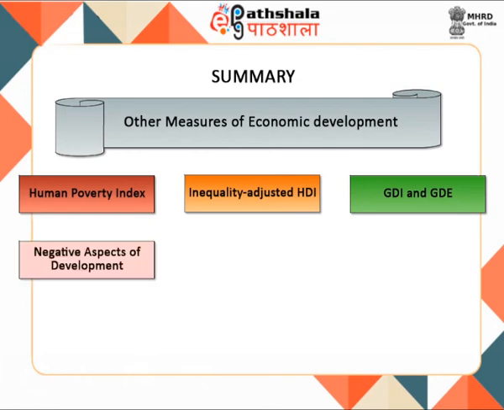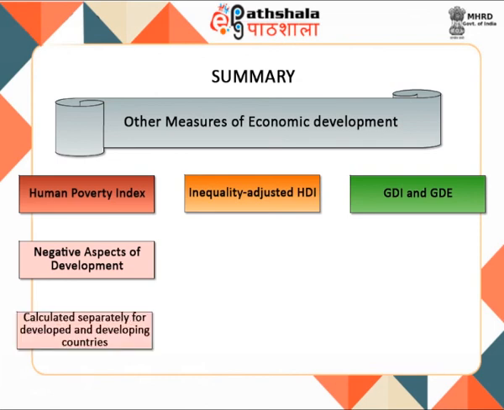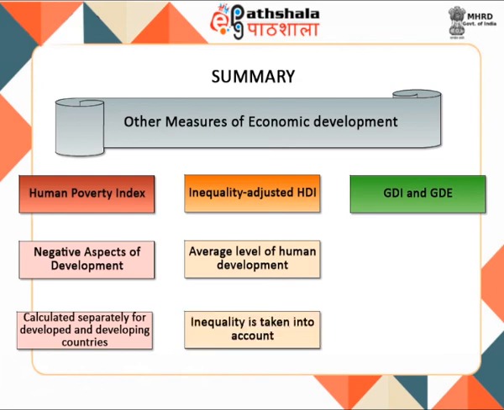HPI looks at the negative aspects of development and is calculated separately for developed and less developed countries. The Inequality Adjusted Human Development Index (IHDI) is a measure of the average level of human development of people in a society once inequality is taken into account. The GEM is a composite indicator that captures gender inequality in three key areas related to power in the hands of women.